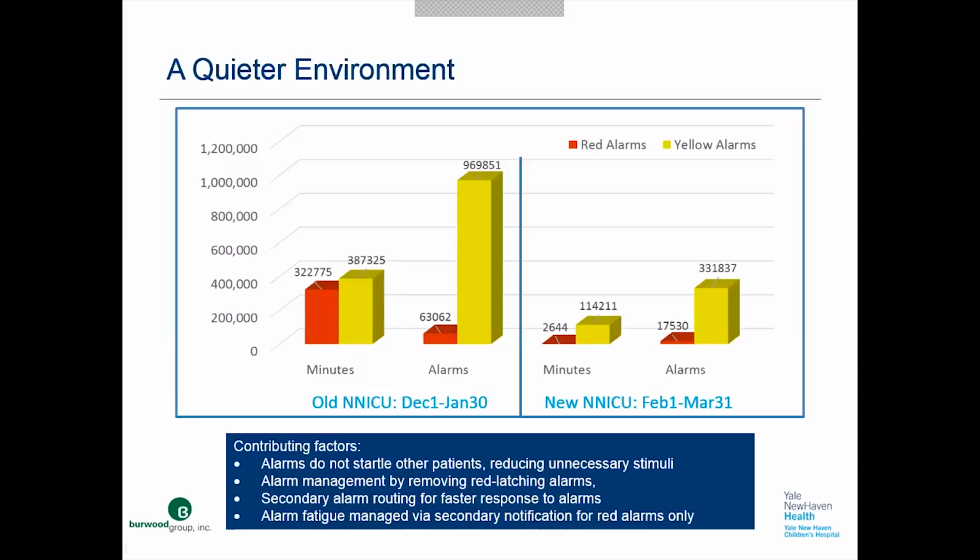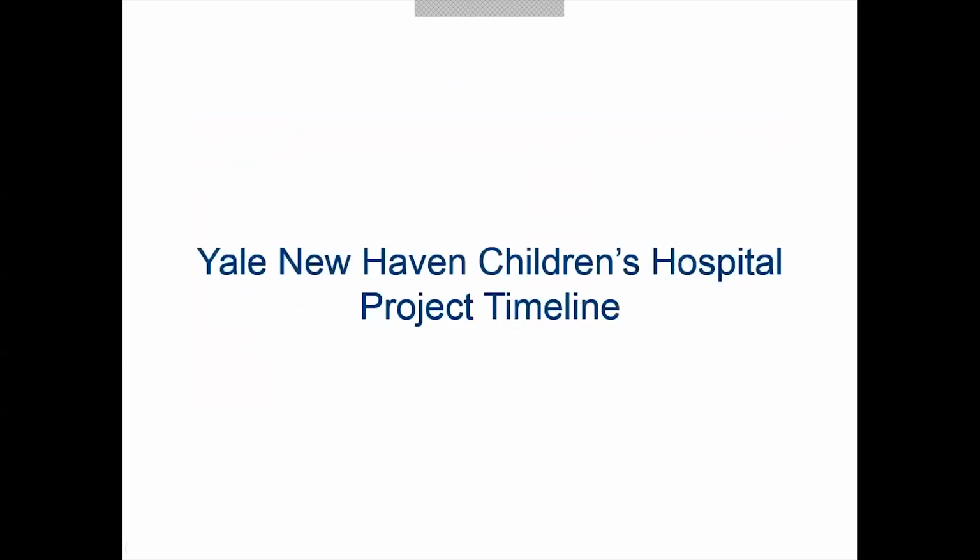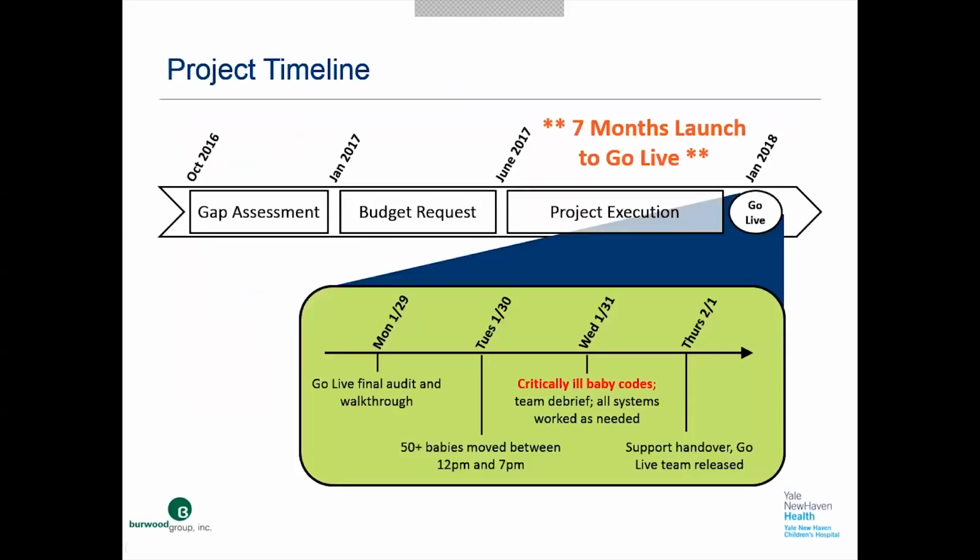Running the numbers, it represents about a 72% reduction in the red alarms, somewhat in an overnight capacity in terms of the change, about 66% in the yellow alarms, and then from an actual minutes of red alarms, it's literally in the 99th percentile in terms of reduction. So I just thought this was a great example of underscoring what's possible with focused team effort and that interdisciplinary design.